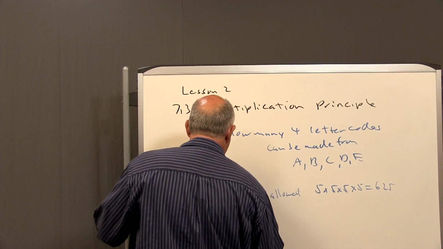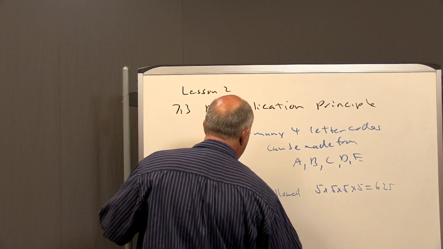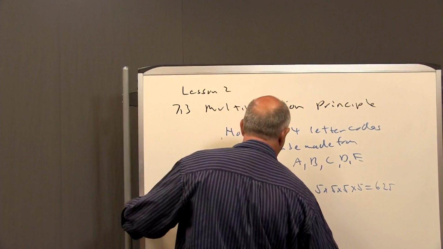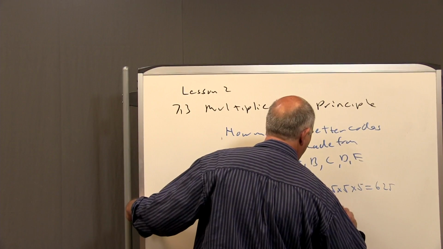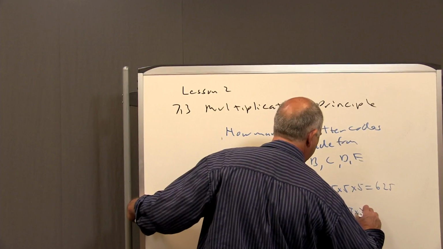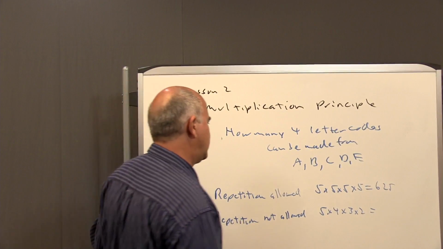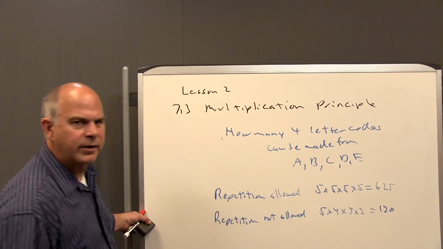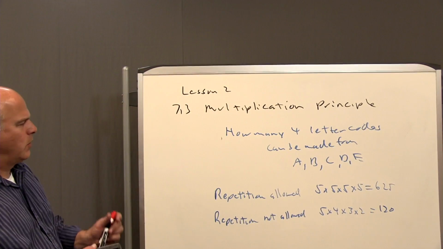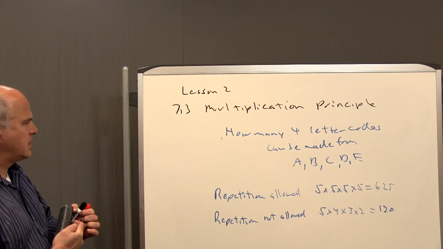If repetition is not allowed, 5 times 4 times 3 times 2. 20, 60, 120. Really cuts down on your number of options when you don't allow repetition. Just as an example, right?